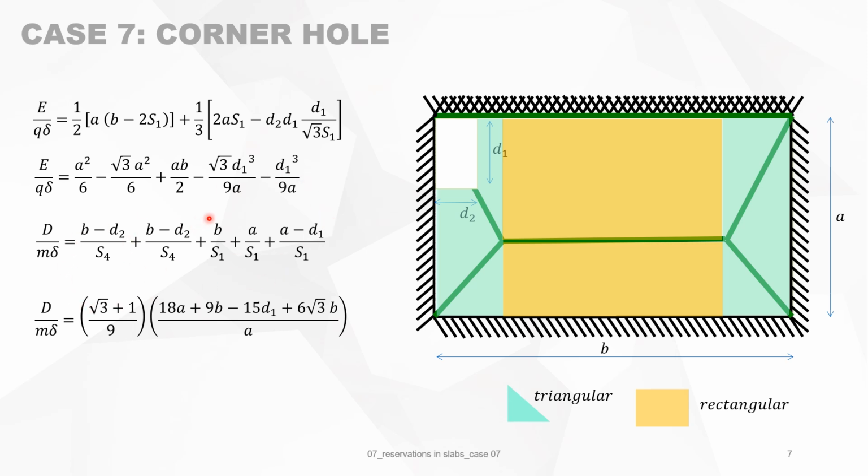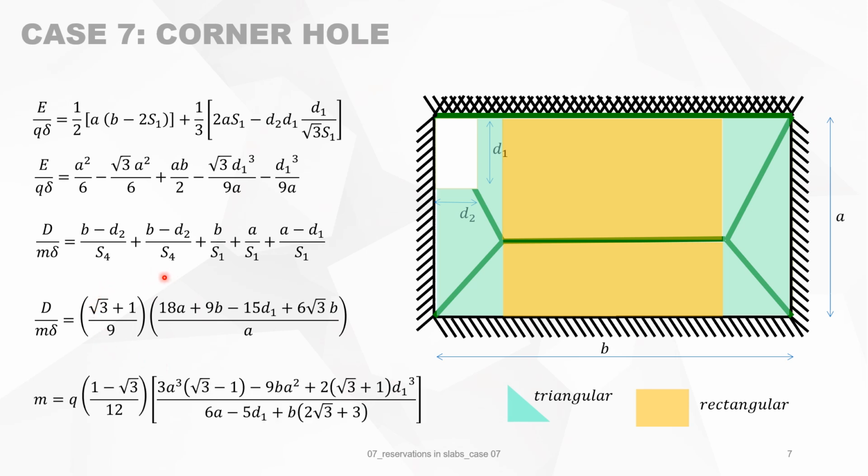We put in the numbers for S1 and S4, and we have this expression for the work done by the internal forces. When E is equal to D, we can find M, and M is then equal to this formula.